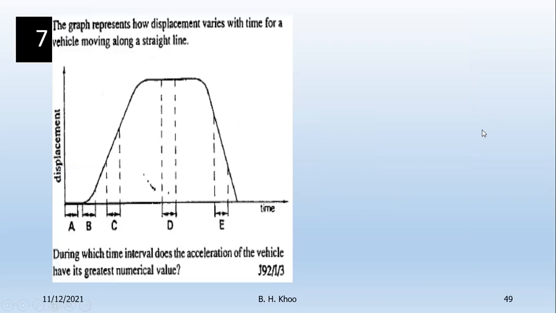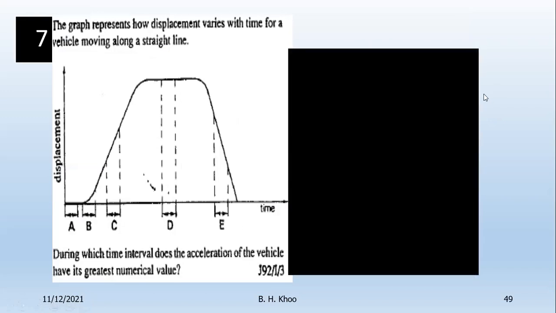Right? This is an A-level question, an O-level question. You should be able to write to describe the motion. Right? Remember, displacement time graph. We take the gradient. Velocity can be obtained from the gradient of the straight line, or the gradient of the tangent to the curve.